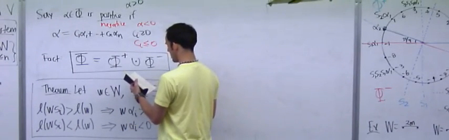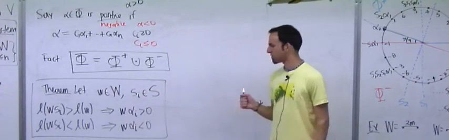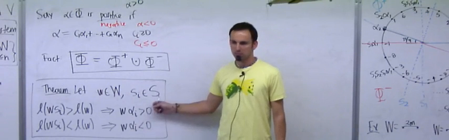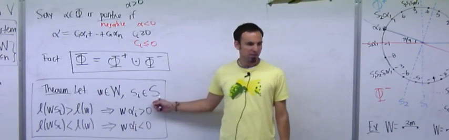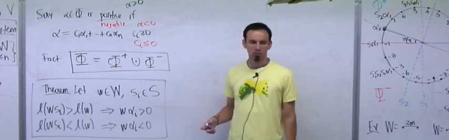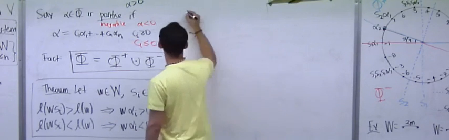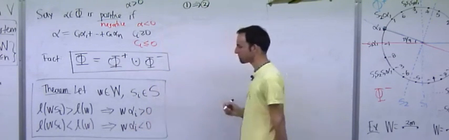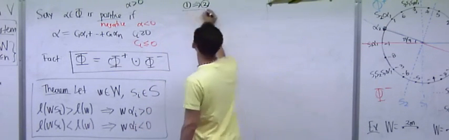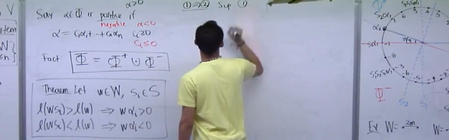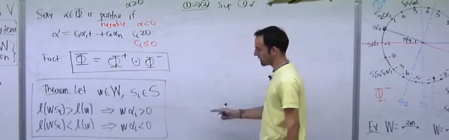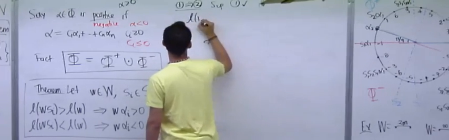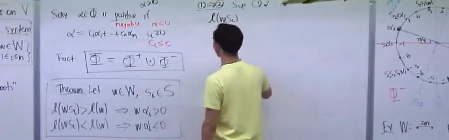So let me first make a simple statement, which is that actually these two things are basically equivalent to each other, and once I manage to prove one of them, the other one is going to follow very easily. So that's the first thing I would like to show, is that the first statement implies the second statement. Okay? So let's suppose that I have the first statement. And now let's suppose that I have W and SI that satisfy the second statement.